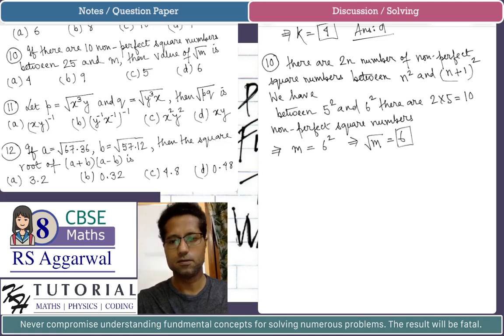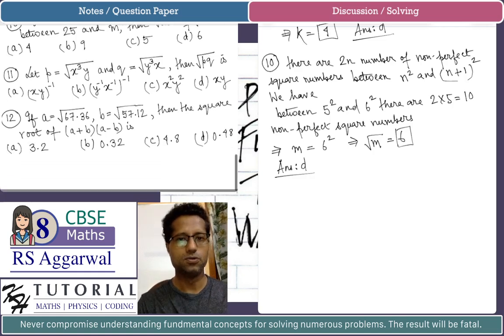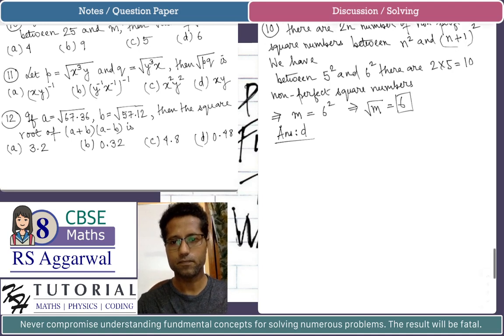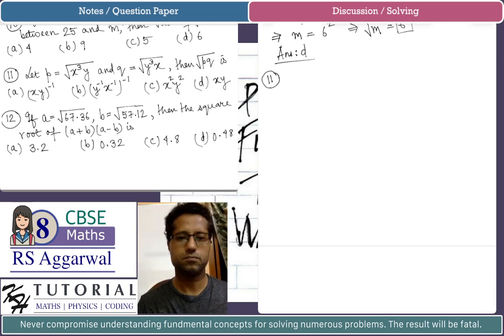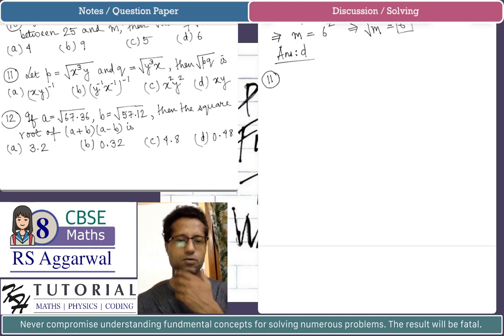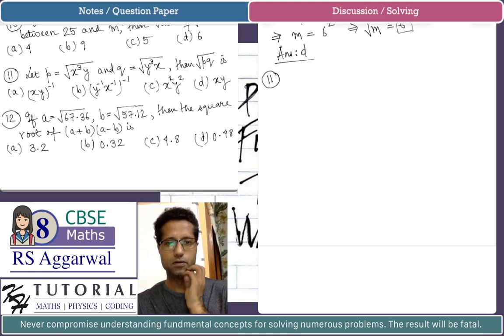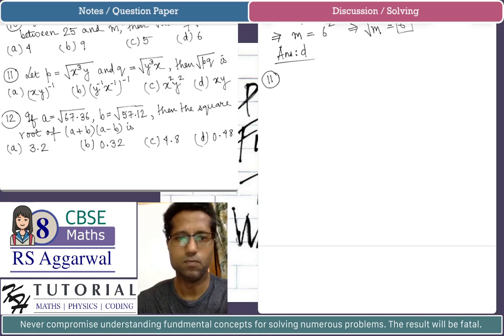So the answer is choice D. Okay, let's do problem number 11. Here p is given as some square root and q is given as some square root, inside we have some exponential terms, and then we have to find the square root of pq.